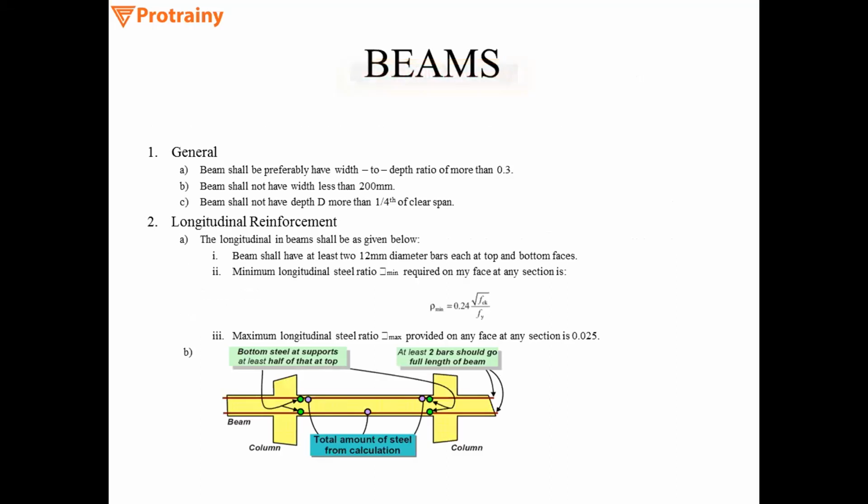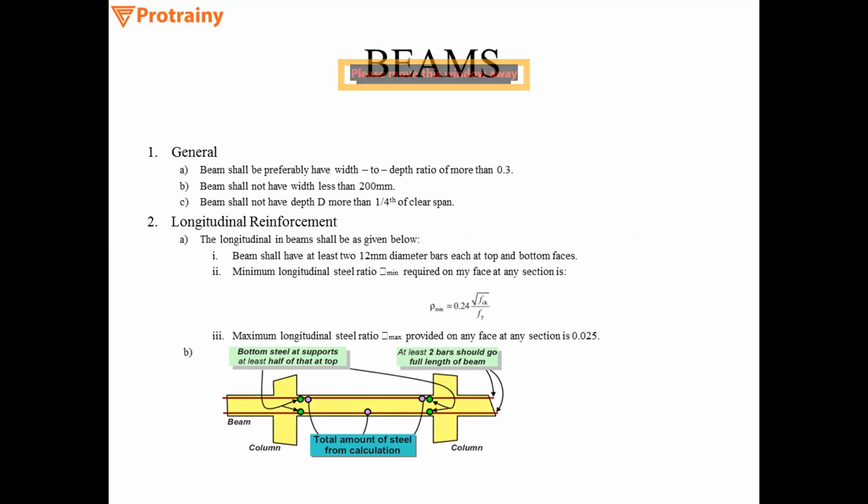So coming to the beam, there are several general clauses mentioned in IS 456 and IS 13920. The first point is, beam shall preferably have a width to depth ratio, or B to D ratio, of more than 0.3.